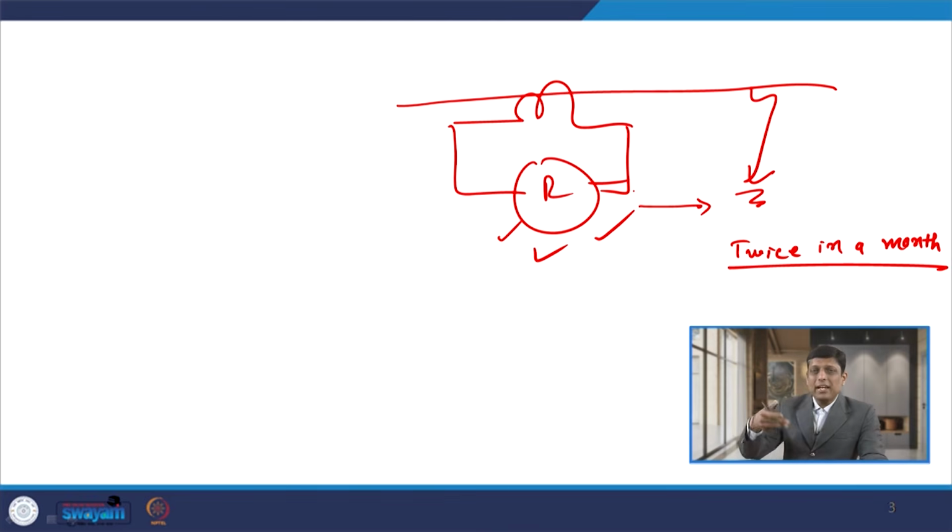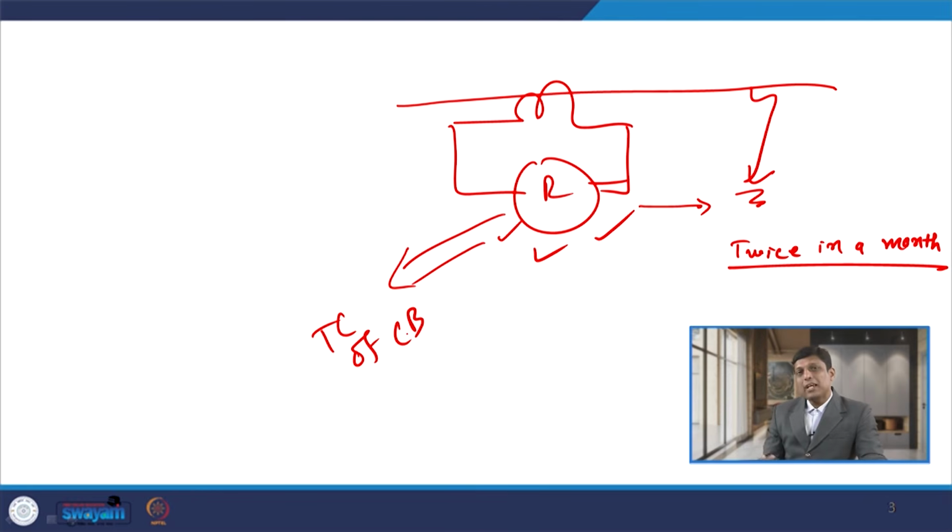Now, when we carry out such testing, the relay contacts are associated with the trip coil of the circuit breaker. So, whenever we carry out periodic testing, the relay operates and gives a signal to the trip coil of the circuit breaker, and if I have connected the breaker here, then the breaker may become open.